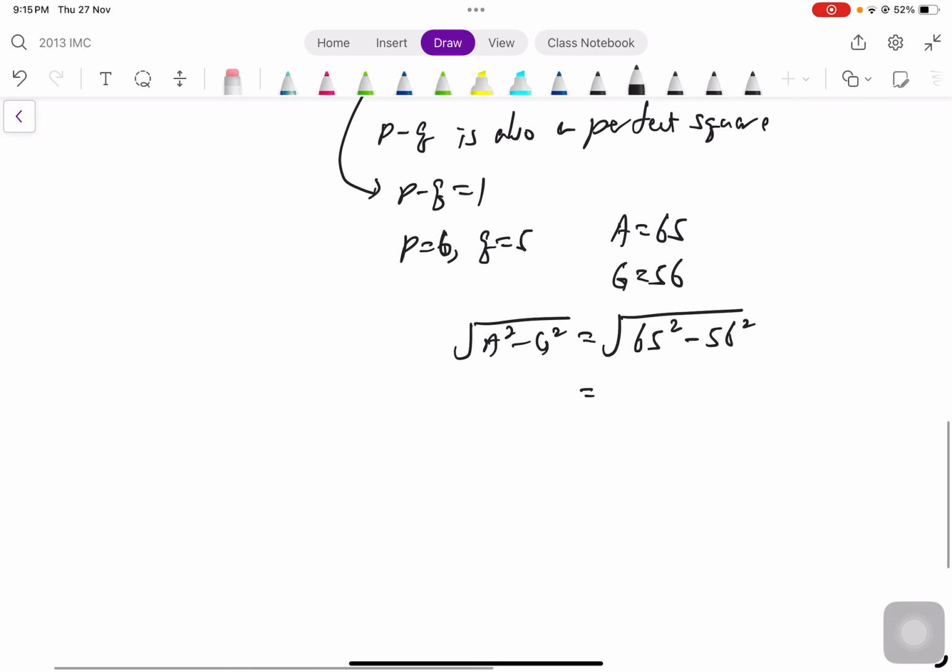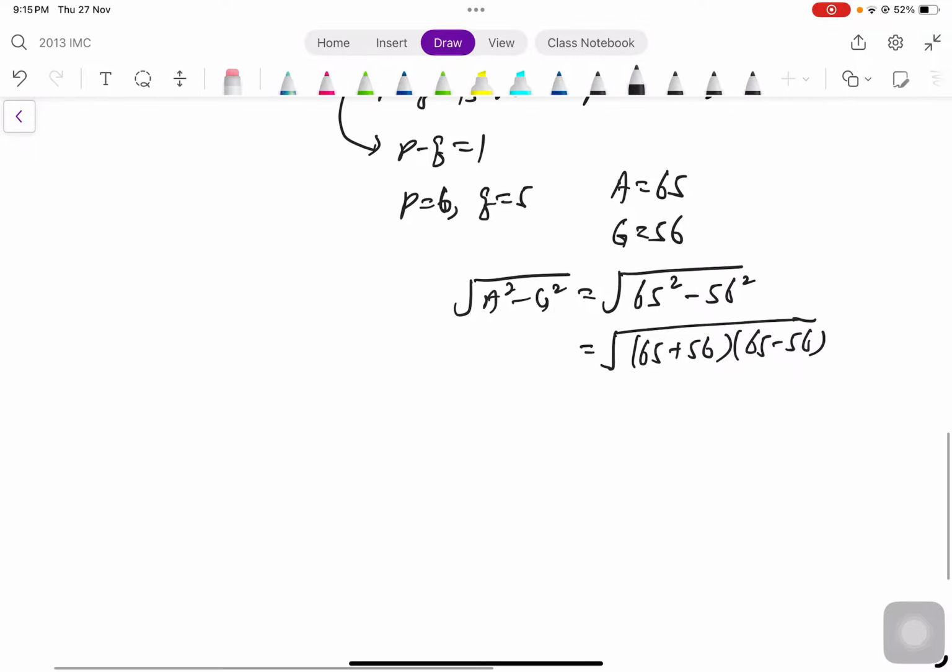You can say that is the square root of 65 plus 56 times 65 minus 56. I think you will get 121 multiplied by 9, square root, and that is actually 11 multiplied by 3, and the answer is 33.